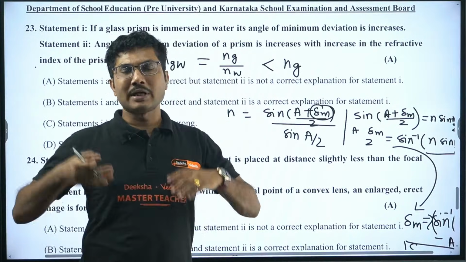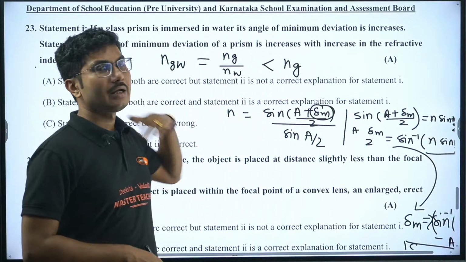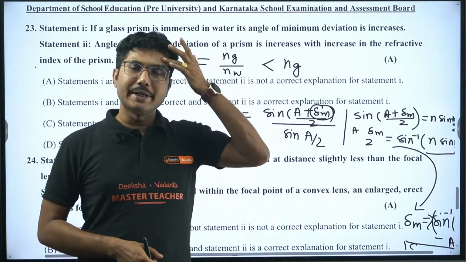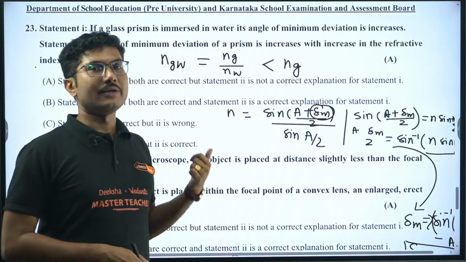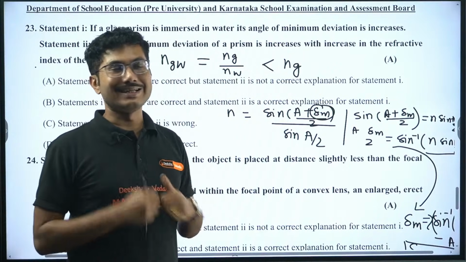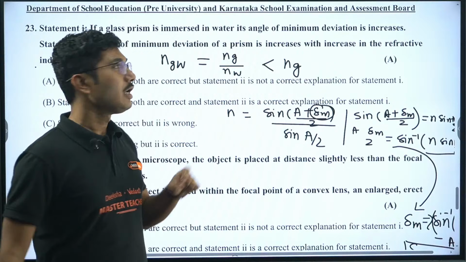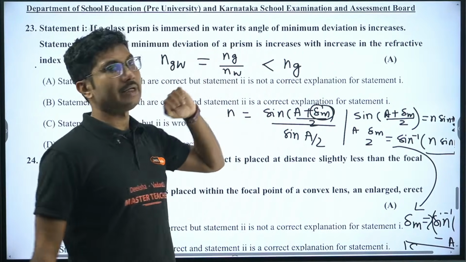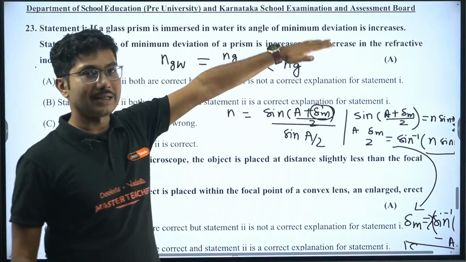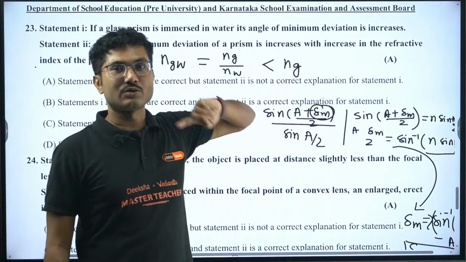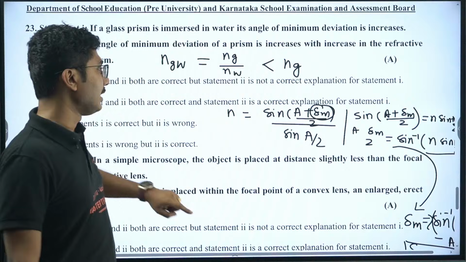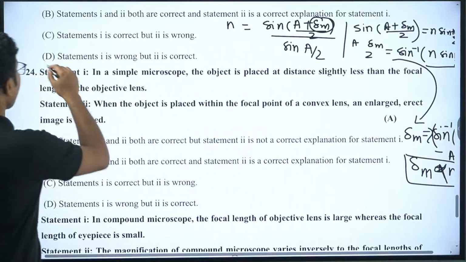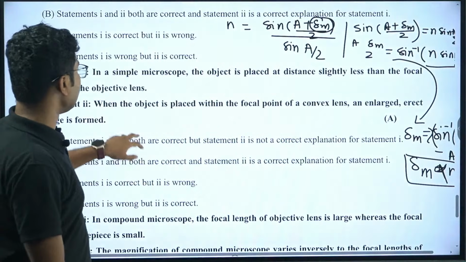So remember that whenever you take one material other than air and immerse it in any other liquid or fluid or gas, the refractive index will always decrease. This is called relative refractive index, right? So relative refractive index is always less than the original refractive index. Because refractive index is decreasing, delta has to decrease, not increase, right, Sagar? I hope the doubt is clear. So option D is correct in this case.